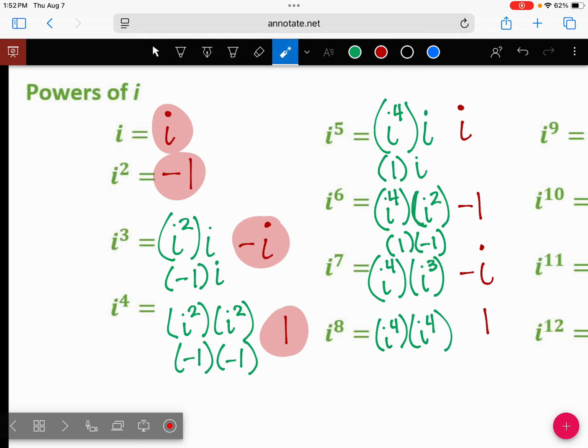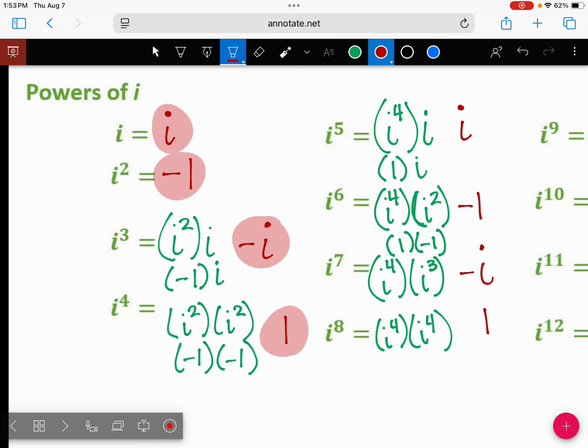Notice what happened here. See how it repeated? That's what it does. It repeats. So every 4 powers, we do a repeat. We start back. It's like a Ferris wheel. We just keep going around.